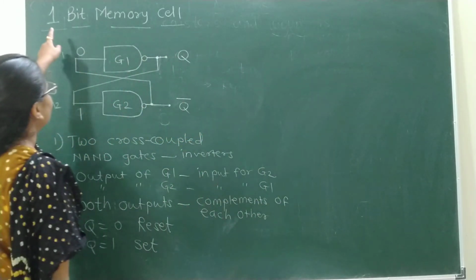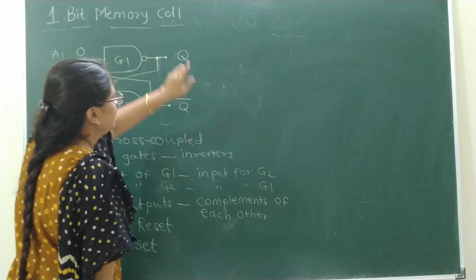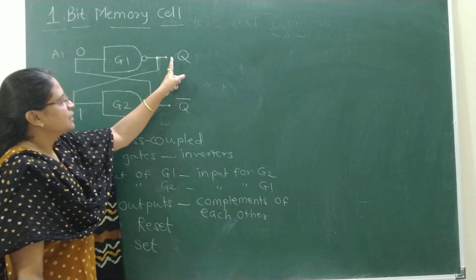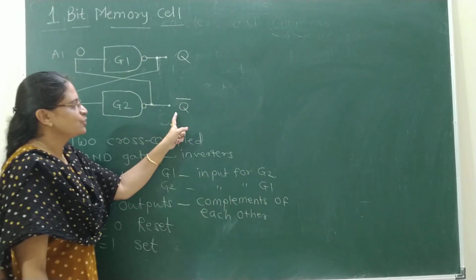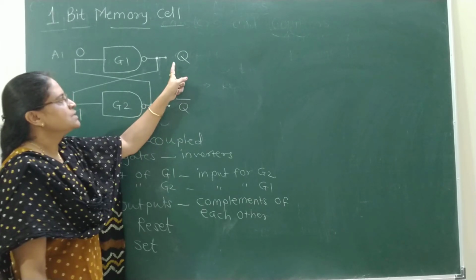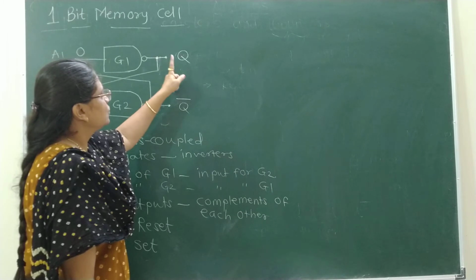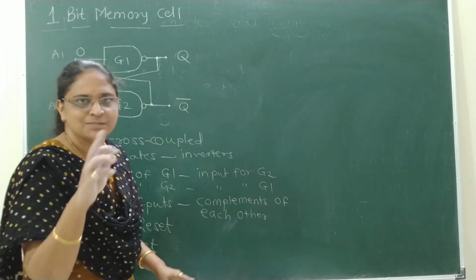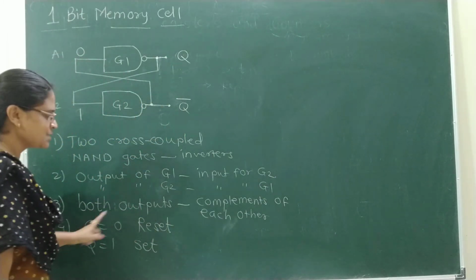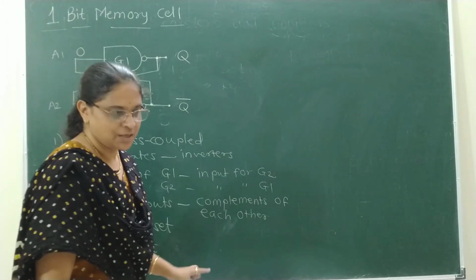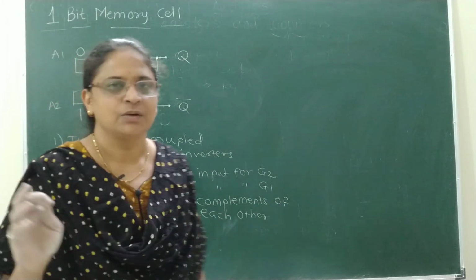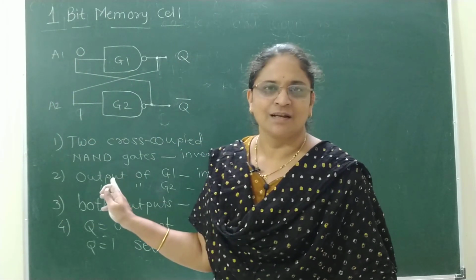So this circuit is known as a 1-bit memory cell. Remember that whenever Q is 0, complement of Q is 1. And whenever Q is 1, complement of Q becomes 0. So both are always complements of each other. But what type of drawback do you find in this circuit?